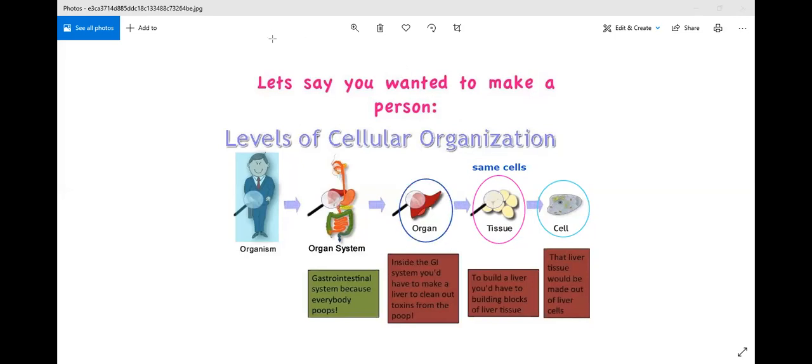So different tissues make an organ. Then when you put different organs together, what do you make? An organ system. Bravo. You put all these different body systems together and you will have an organism.